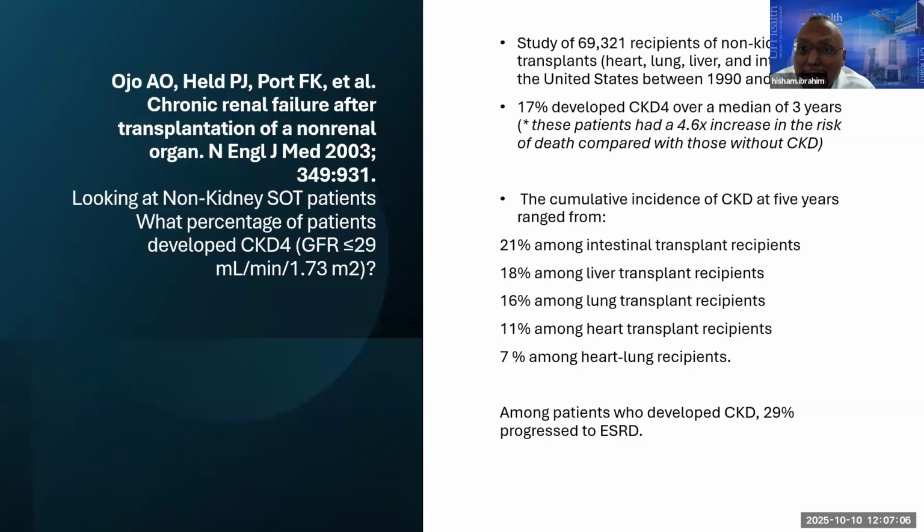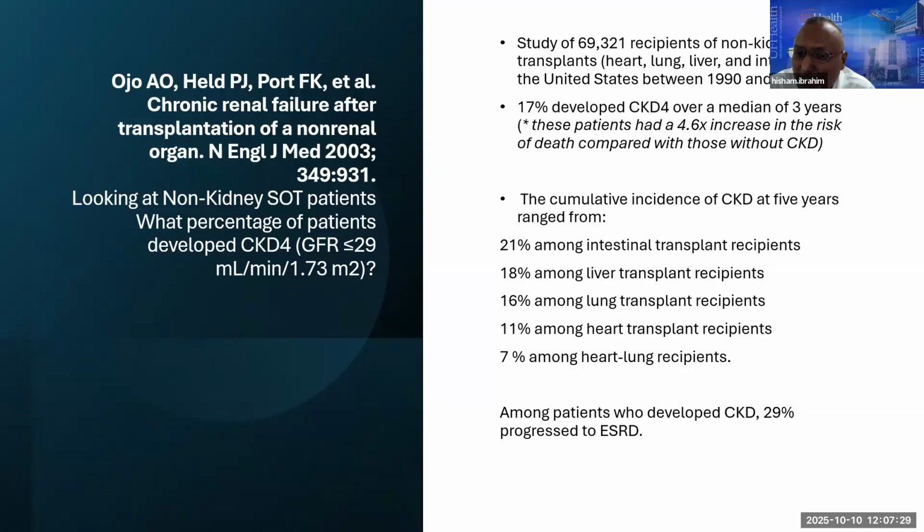At 5 years, almost 20% of intestinal transplant patients have reached CKD4. There's no transplant glomerulopathy clouding the picture. These are native kidneys. 18%, almost a similar number, of liver transplant patients.